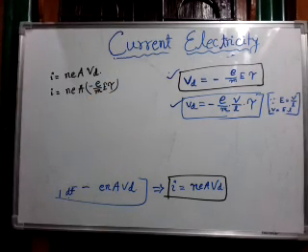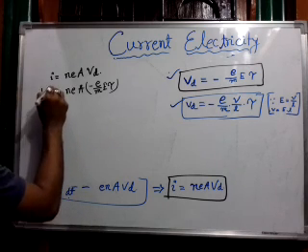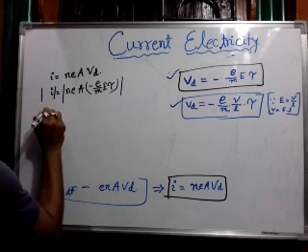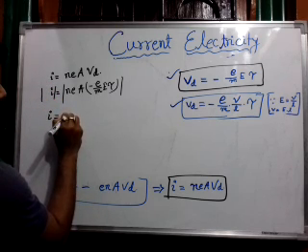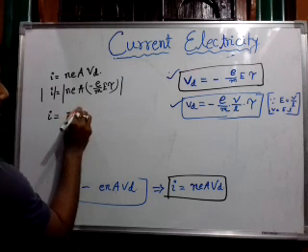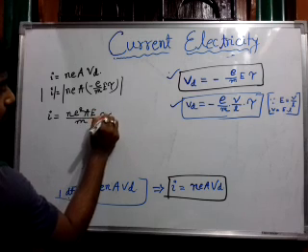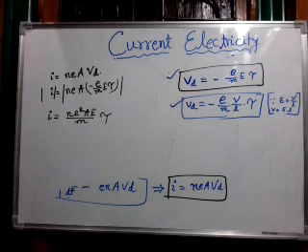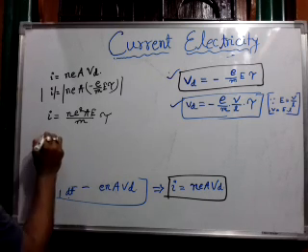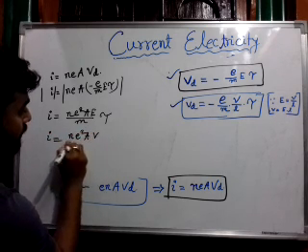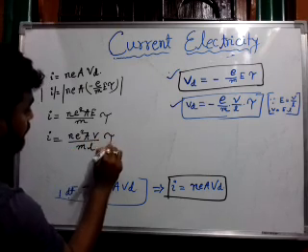In magnitude, I is equal to n square e A by m into tau, and I is equal to n square e A V by m L into tau.